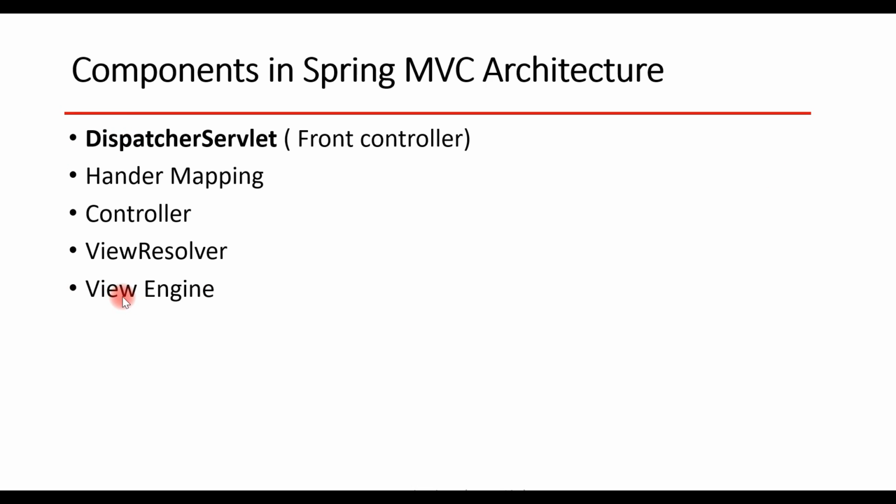The Thymeleaf engine is responsible to bind the model and view together, and it will produce an HTML response and send it back to the dispatcher servlet, and then the dispatcher servlet sends that response back to the browser for rendering. So these are the components involved in Spring MVC architecture.